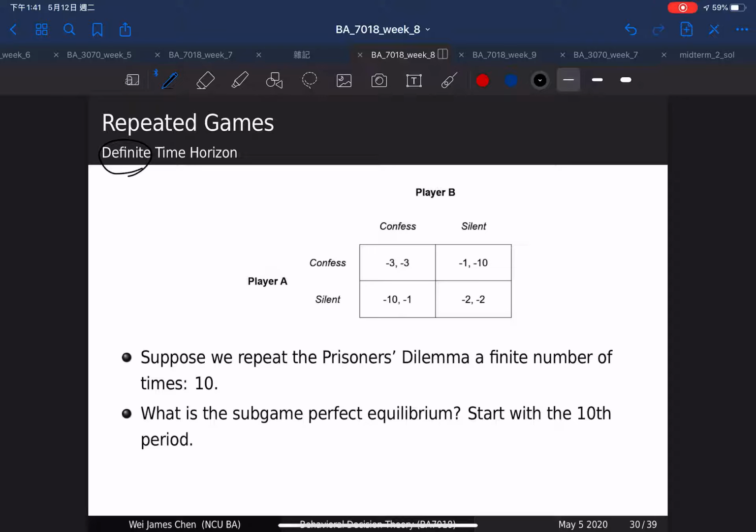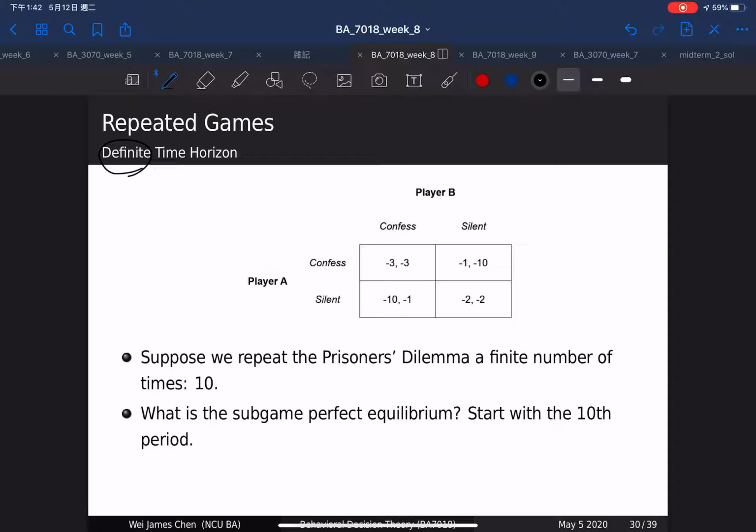Because in the second round, when we play the second prisoner's dilemma, you will be able to observe what the other person did in the previous try. And your strategy can be conditional on that. So if you betray me in the last round, I will also betray you in this round. That's one possible strategy. Is that clear?